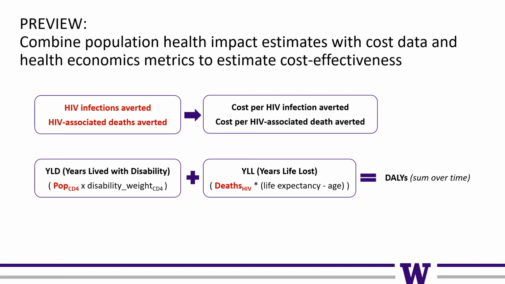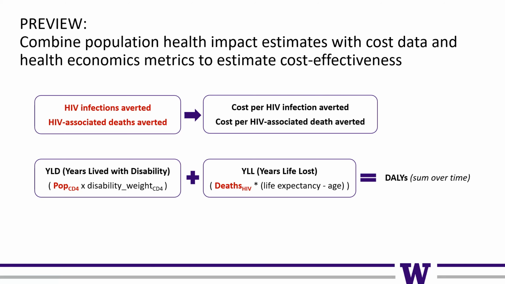So if we take that living with HIV contributes to years of disability, with lower CD4 linked to higher disability weight, we can take the number of persons with HIV by CD4 over time from the model and use that to calculate years living with disability, and also take the number of HIV-associated deaths from the model and use that to calculate years of life lost. And in that way, use these model-generated metrics to calculate DALYs over time.